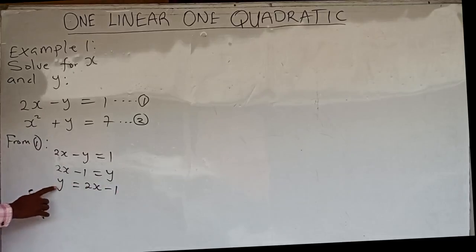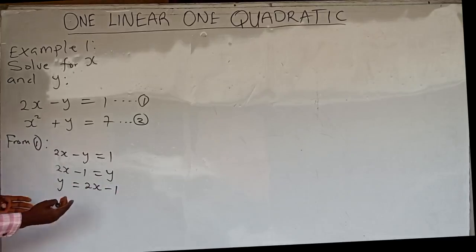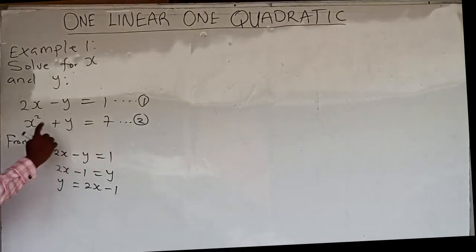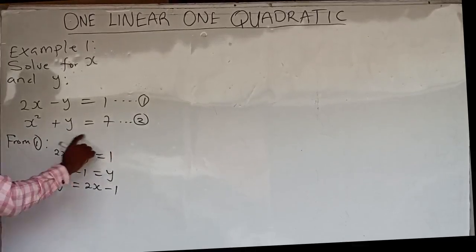Okay, so therefore I have y is equal to 2x minus 1 as the subject of y. So I'm now going to substitute this into equation 2. All I need to do is to replace y with all of this in equation 2.